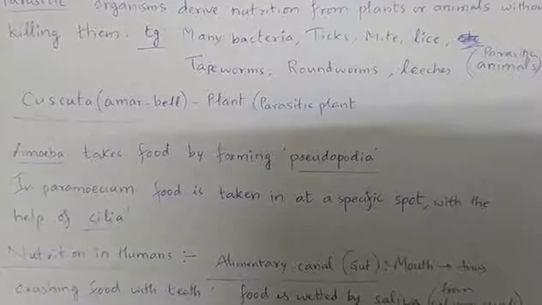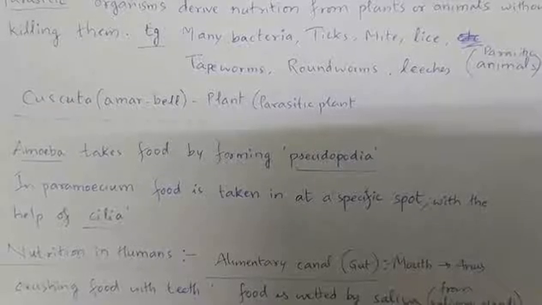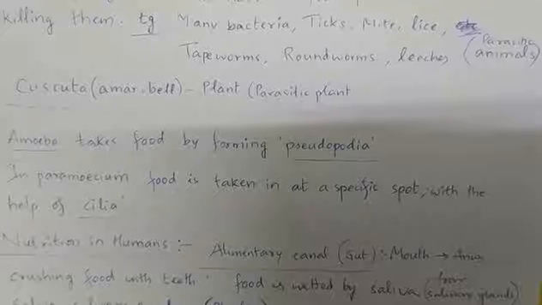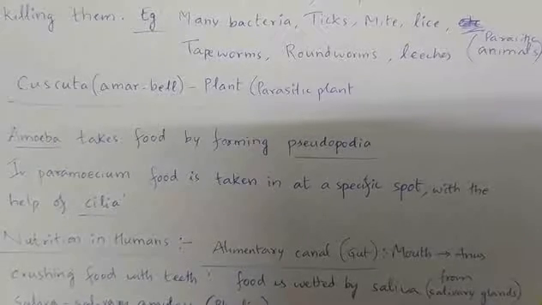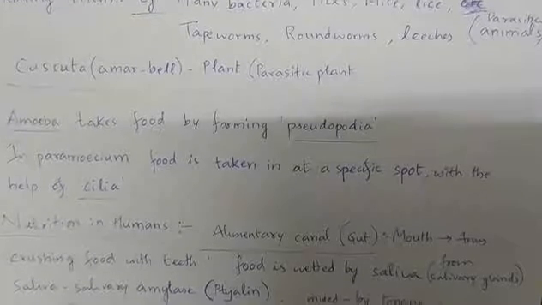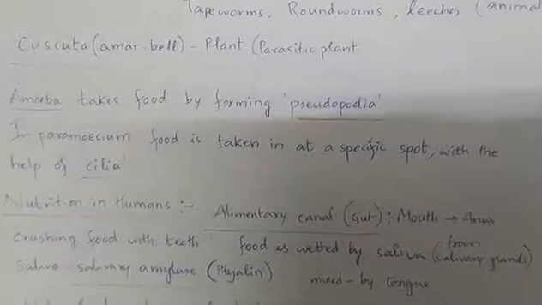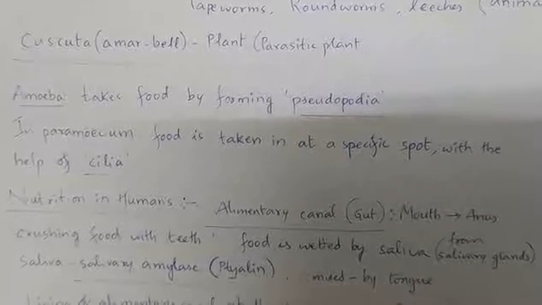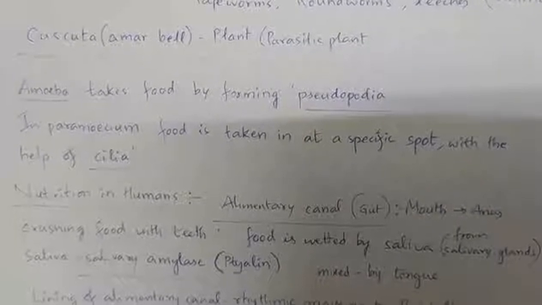Amoeba takes the food by forming pseudopodia. Paramecium takes its food at only one specific spot with the help of cilia that are present on the surface of the paramecium. So, why have we taken amoeba and paramecium? These are unicellular heterotrophic animals.